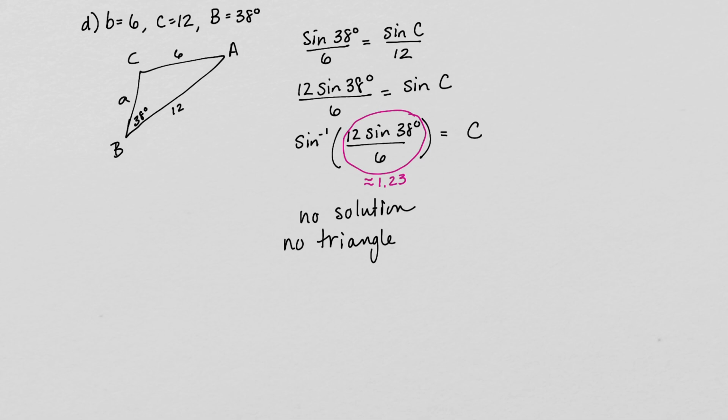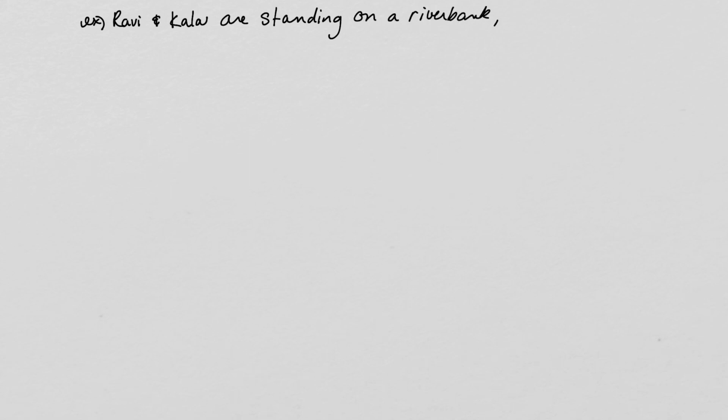Okay, so then, all right. So Ravi and Kala are standing. We're going to do this again and be slow. On a riverbank, 240 meters apart.